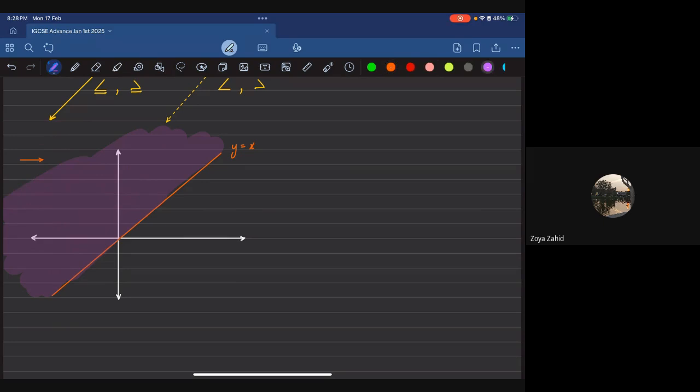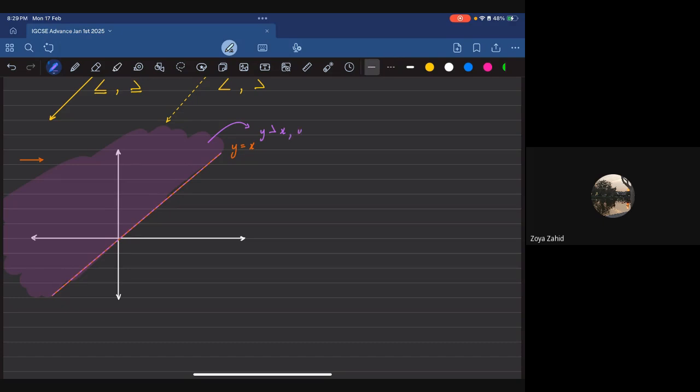That is indicating the inequality y is greater than x. Greater than or equal to depends on the dottedness of the line. Clear? So, for example, if the line was dotted like this, then it would have been less than or equal to, or whatever it would have been.